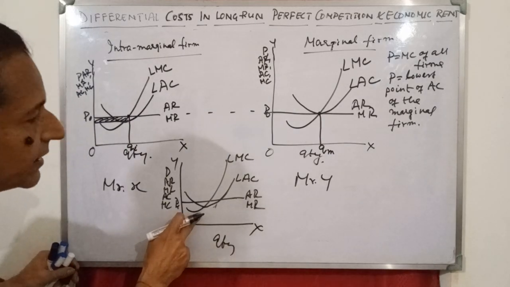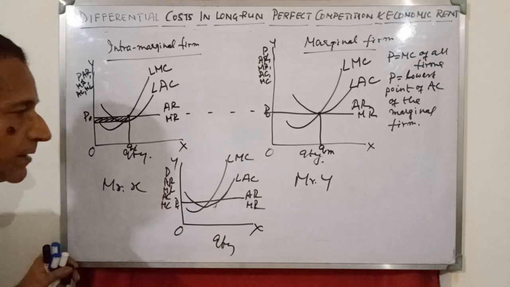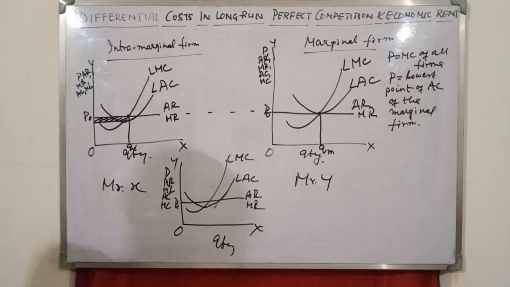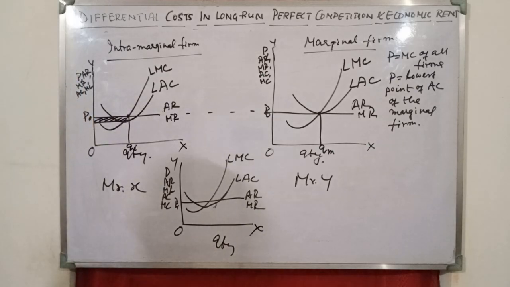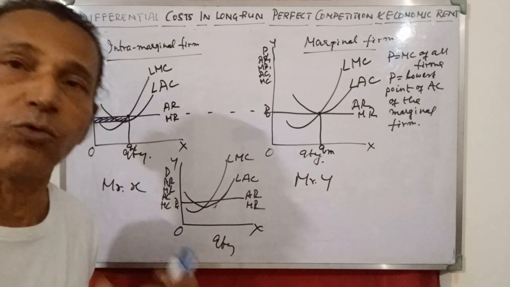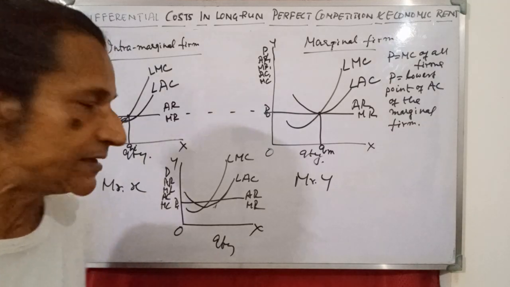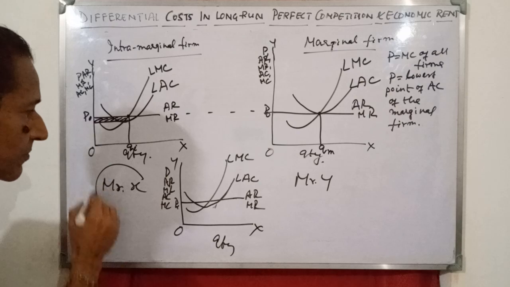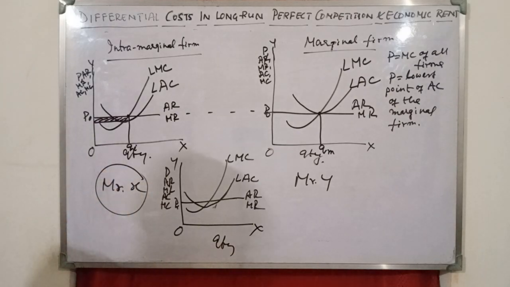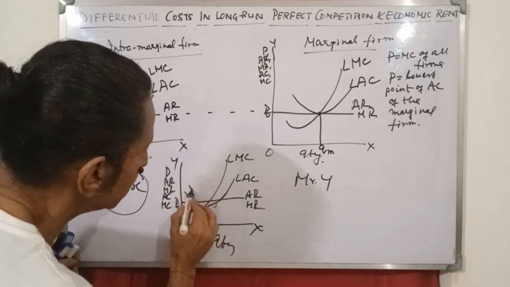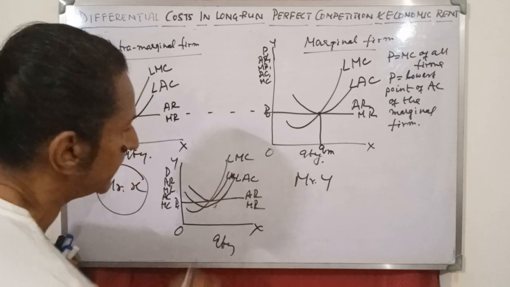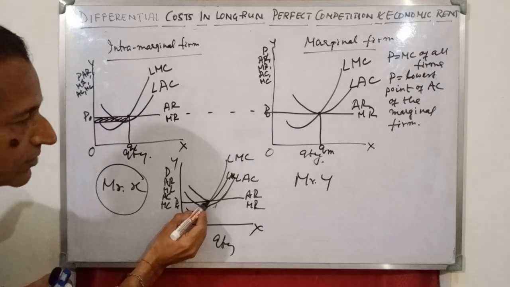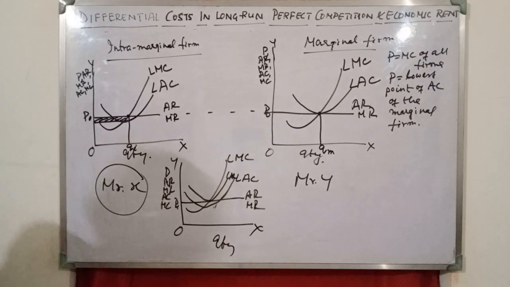Here the firm is earning supernormal profit. But ultimately the extra profit that the intramarginal firm is earning will be wiped out by paying the owners of the efficient resources. In this case, this is management, that is the manager's salary. So ultimately the LAC curve will be like this. That is, the AR will be tangent at the minimum point of the LAC curve. Correct?